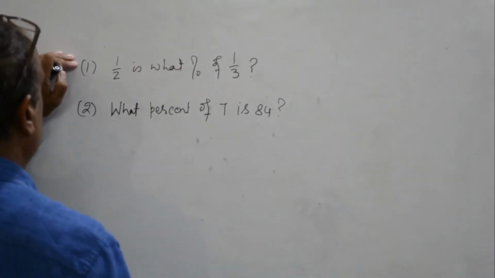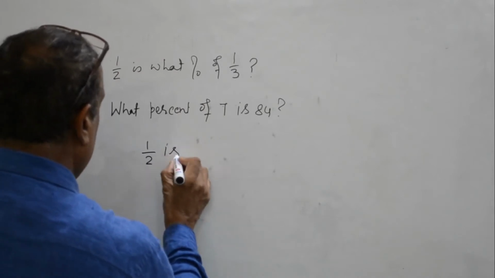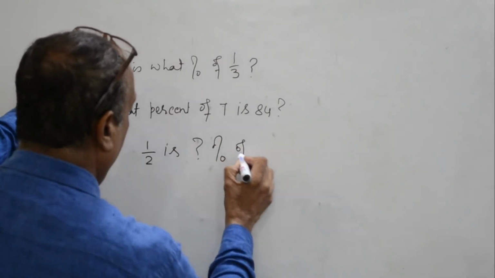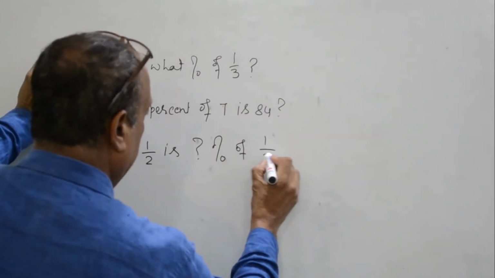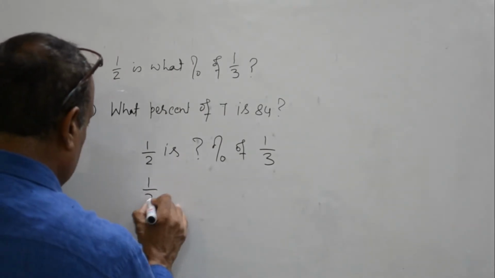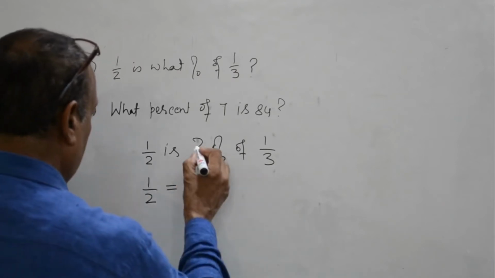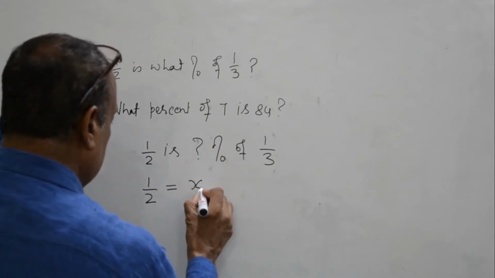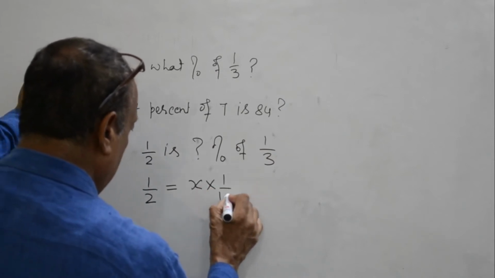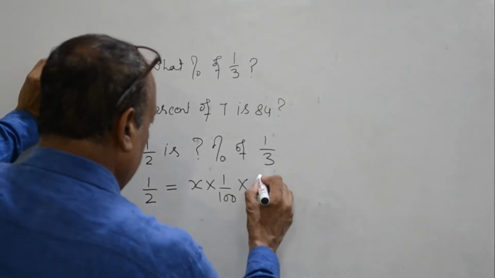The first question is, 1 upon 2 is what percent of 1 upon 3? So 1 upon 2 is equal to, question mark means x, percent means multiply it by 1 upon 100, of means multiply, and 1 upon 3 is 1 upon 3.